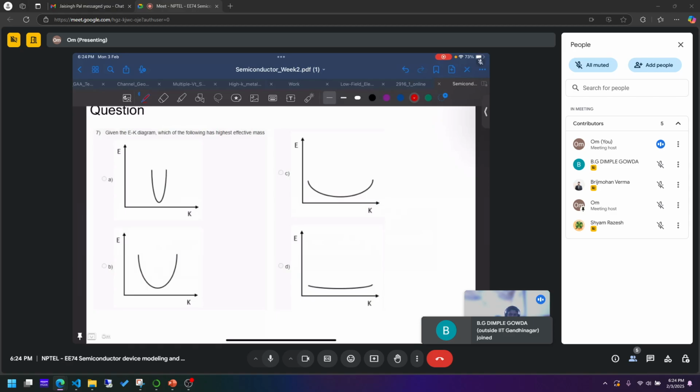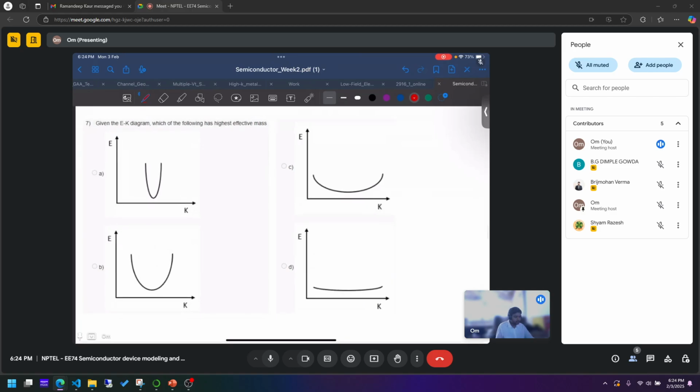Let's see the next question now. Given the E-K diagram, which of the following has the highest effective mass?